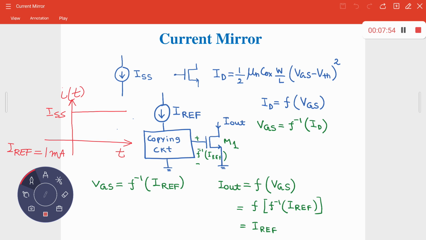So this 1 milliampere current source is a reference current source, right? And using this copying circuit, you can go for the other kind of design, so that ultimately the desired current is some constant k times I reference. This k can be greater than 1, less than 1, or equal to 1.